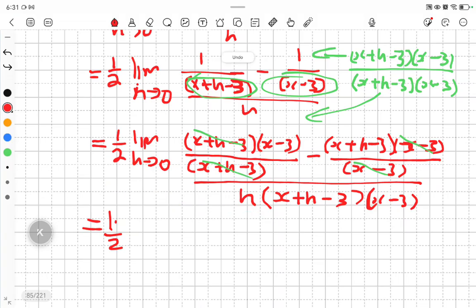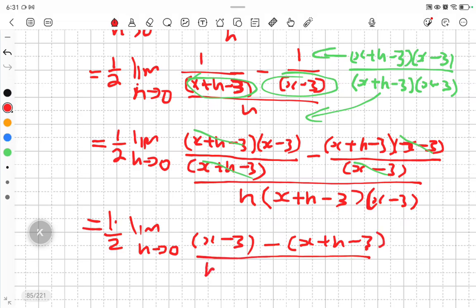I'll just say it with my mouth from here on. Then at this side, we're left with x minus 3 only. On the other side, we're left with x plus h minus 3, all over h times x plus h minus 3 times x minus 3.